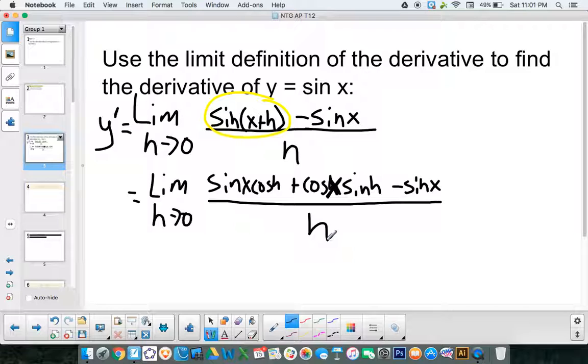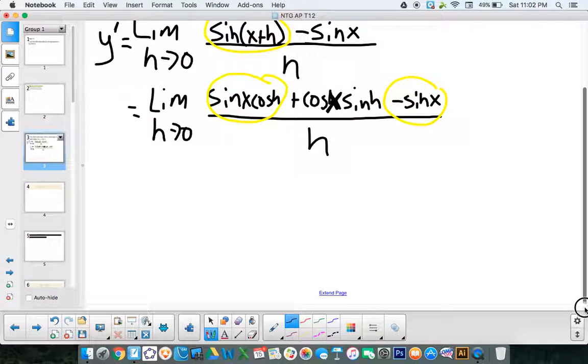Now what I'm going to do is rearrange it so that my sine of x's are together. So I'm just going to rewrite this. Just changing the order, same exact stuff.